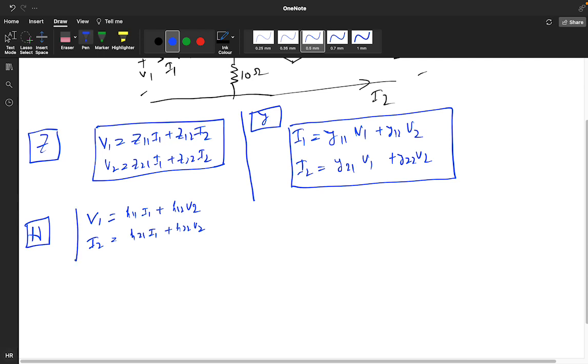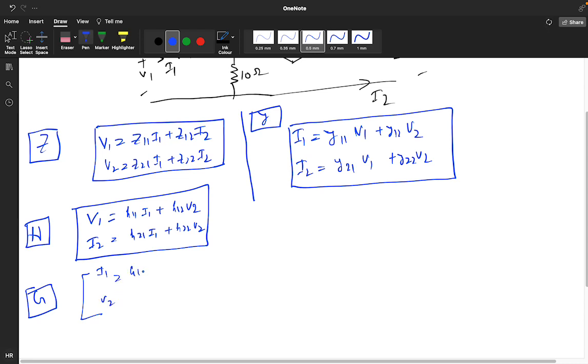This is the general equation of an H parameter. And for the G parameter, use duality. V will become I, I will become V, and H will become G. I1 is G11 V1 plus G12 I2, and V2 is G21 V1 plus G22 I2. So this is the equation of the G parameter.